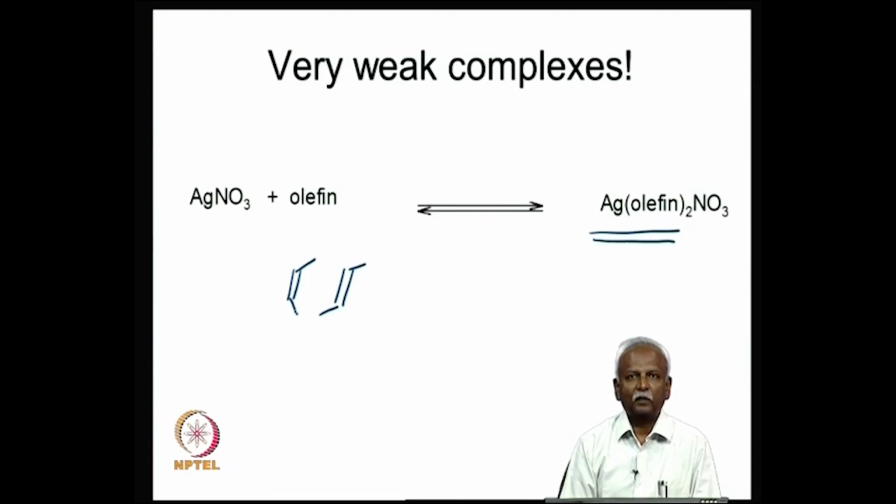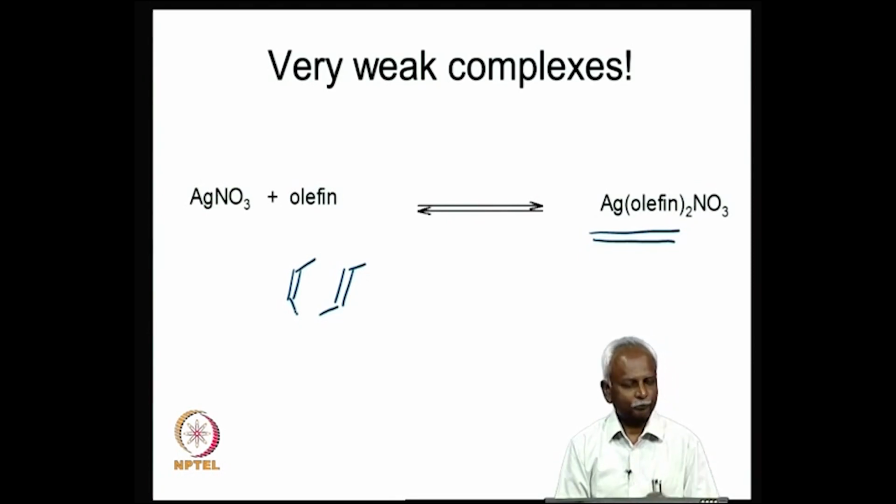We will consider this in detail later, but suffice it to say that this stability difference is able to differentiate between these two olefin complexes in terms of the stability constant, and hence the rate at which a silver coated column will discriminate between the trans and the cis butene.